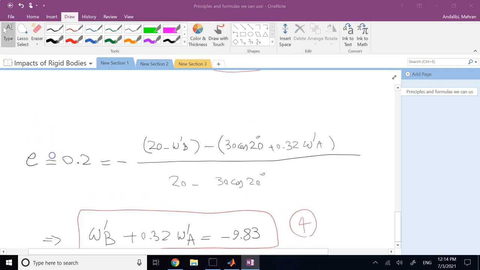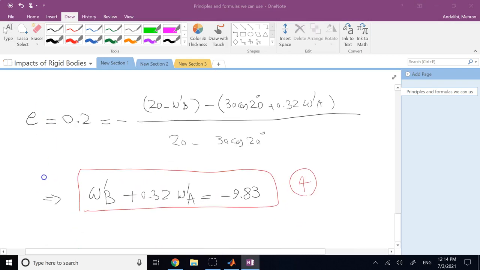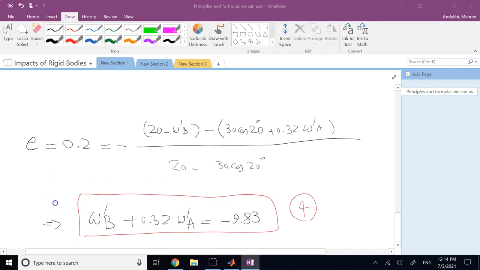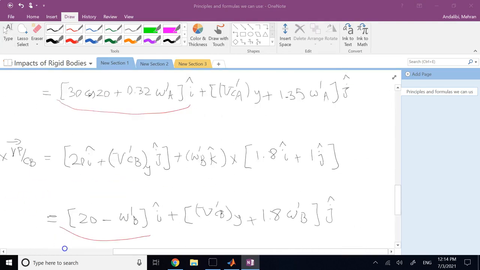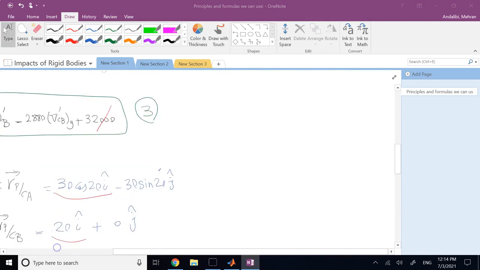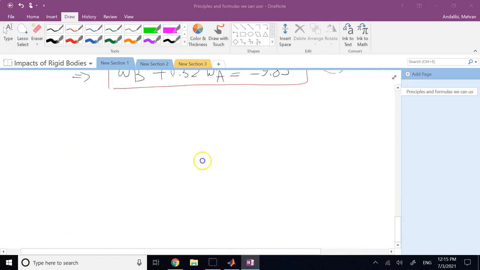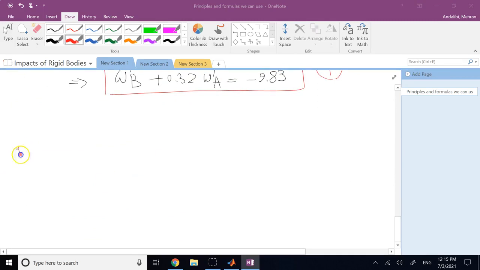So now if you look at 1, 2, 3, and 4, there are 4 unknowns in them, the 2 omega primes and the 2 Vy components of the centroid. So I have 4 equations and 4 unknowns, and so finally if I solve them from 1 and 2 and 3 and 4, I can find my unknowns.